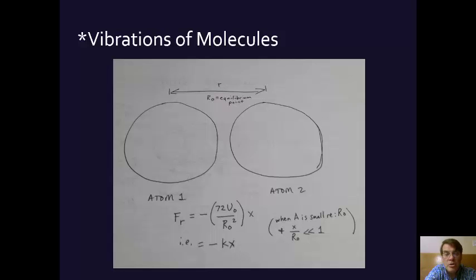So capital R0 is the equilibrium point. That is when the repulsion and attraction forces are equal, in equilibrium. That's R0. But because of van der Waals forces, there can be some vibration of molecules so that R is either a little bit more than R0 or a little bit less than R0 between atom 1 and atom 2 in a molecule.